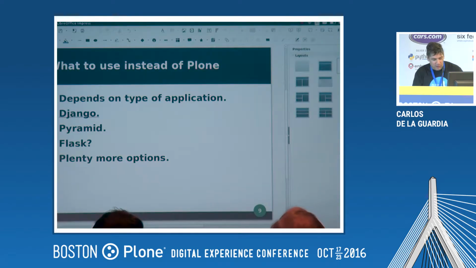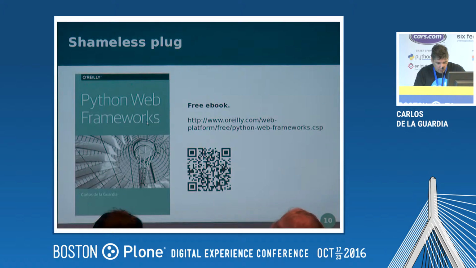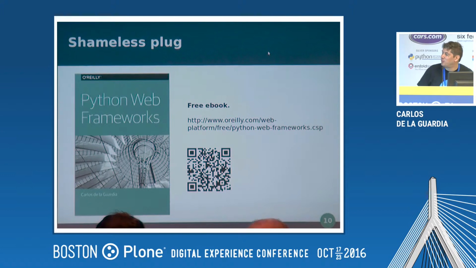There are many options, and this is where I'm sorry, this is where I make a shameless plug. That's a book from O'Reilly, but it's free, so you can get it right away if you go to that URL. I wrote that, and it was published this year, so it's recent information about the different Python web frameworks available.